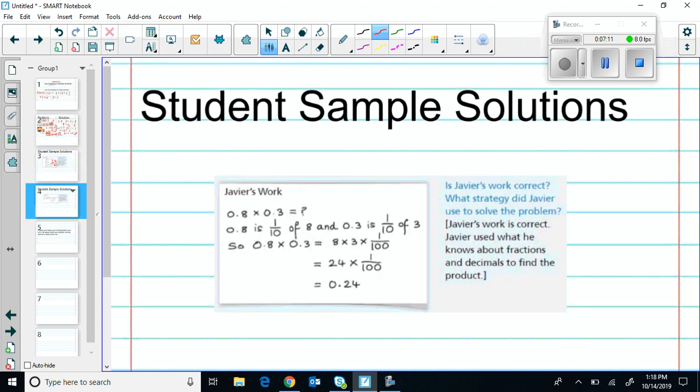And then we looked at Havar's work. He's breaking it down here where he's taking 8 tenths is 1/10 of 8, which gives you 8 tenths. And then 3 tenths is 1/10 of 3, which gives you 3 tenths. So therefore that would be 8 times 3 over times 100th, and that gives you 24 hundredths. This is breaking it down more by the place value.